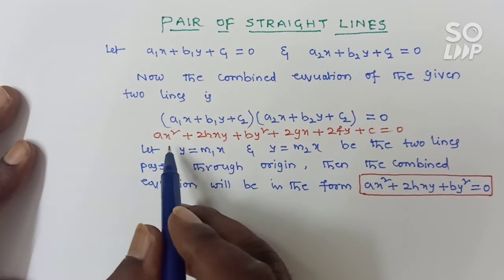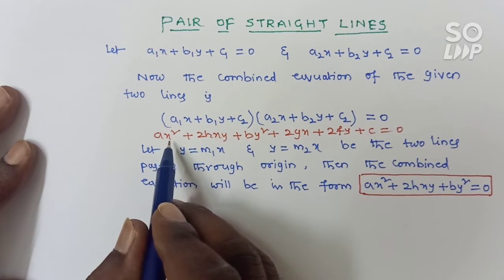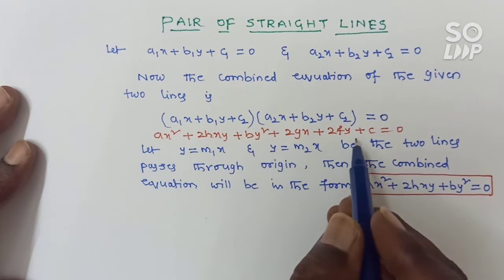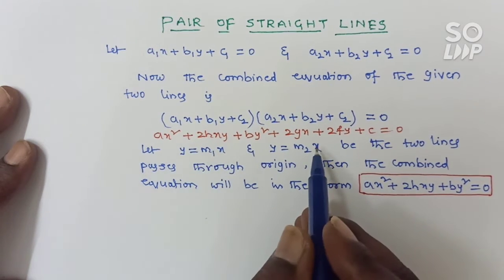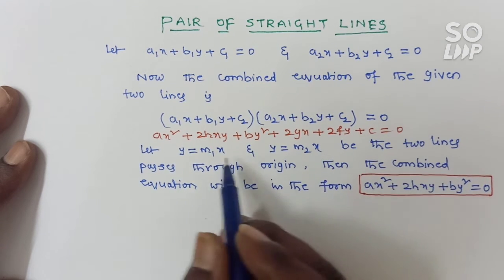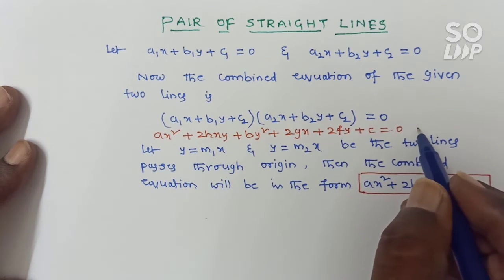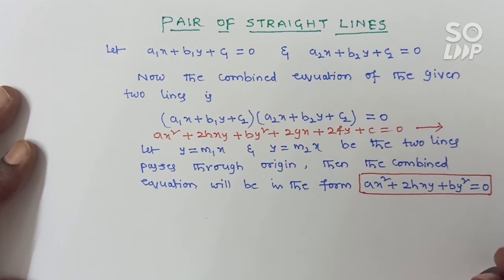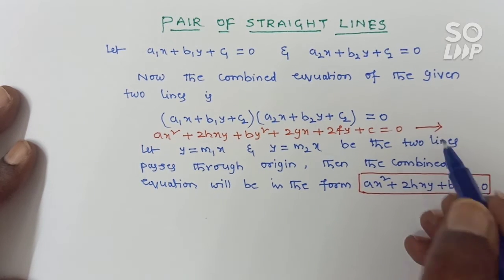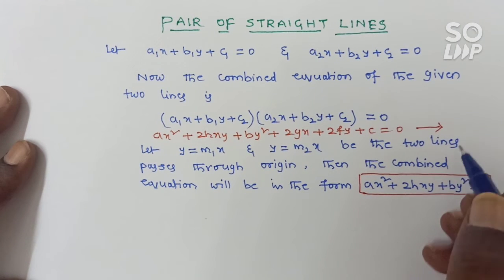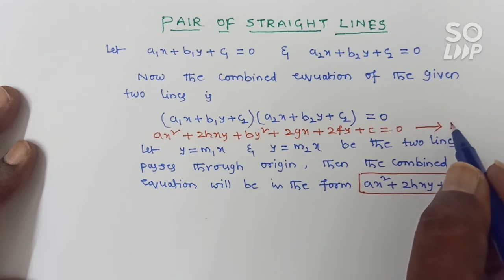Now you see clearly the degrees of all the terms are not equal. So this one is the non-homogeneous equation. Here the pair of straight lines will represent two types: one is homogeneous and the other one is non-homogeneous.